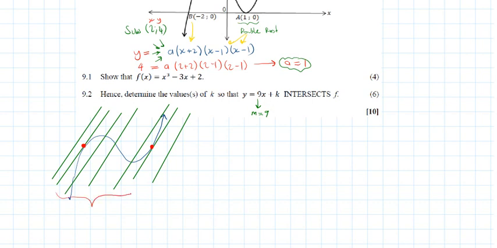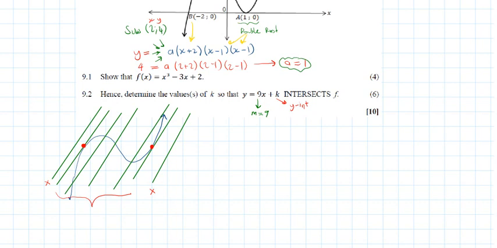I don't want it too much above or too much below. And what was k again? It's the y-intercept, so it's all about the y-intercept of the line. If the y-intercept of the line is in a proper interval, that will satisfy my condition. The question doesn't say it intersects once or twice, so I don't care. As long as it intersects, we are fine.